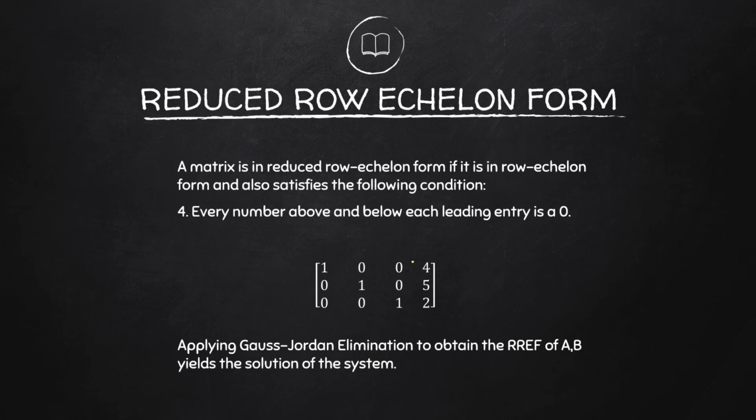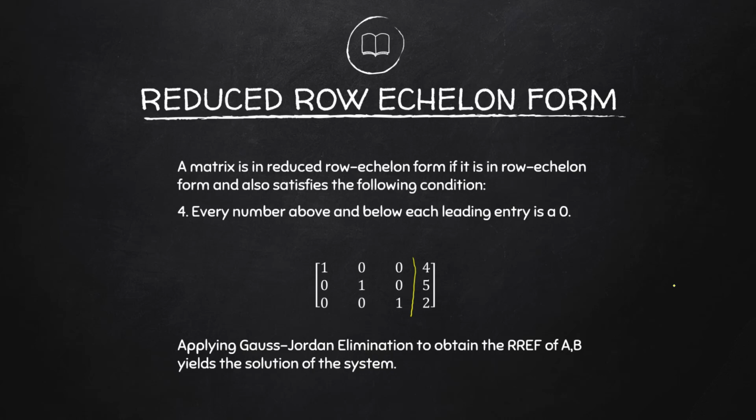So this is the augmented matrix of a system. So notice here that we have your diagonal. The leading entries are all equal to 1. This was supposed to be a triangular matrix, but for it to become in RREF or reduced row echelon form, it needs to satisfy this condition that every number above and below each leading entry is equal to 0. So above and below, the leading entries are all 0.